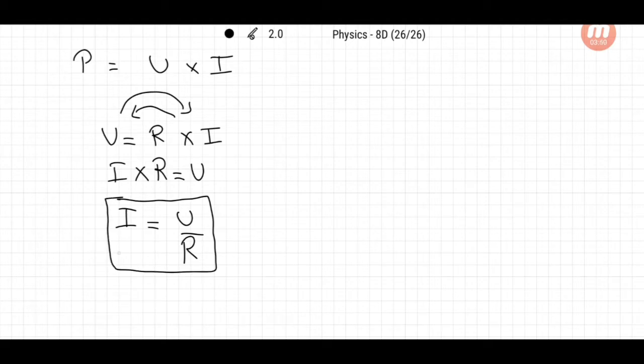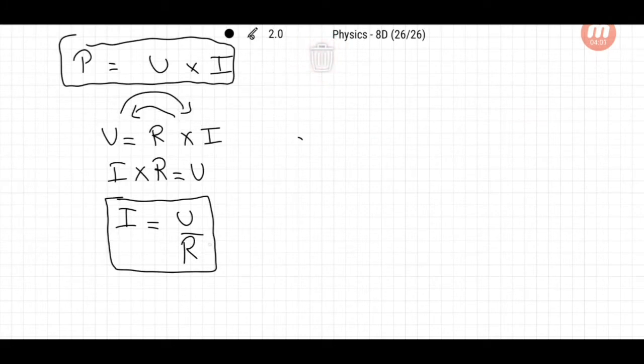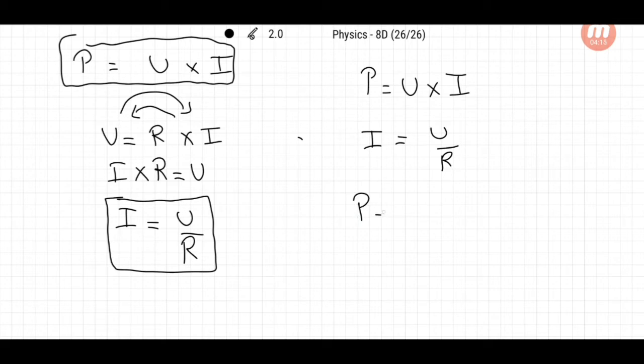Now, I know that I equals U over R, and P equals U times I. So if I replace I here, I have P equals U times I, and I is U over R. So I will replace I by U over R. Now what do I get?